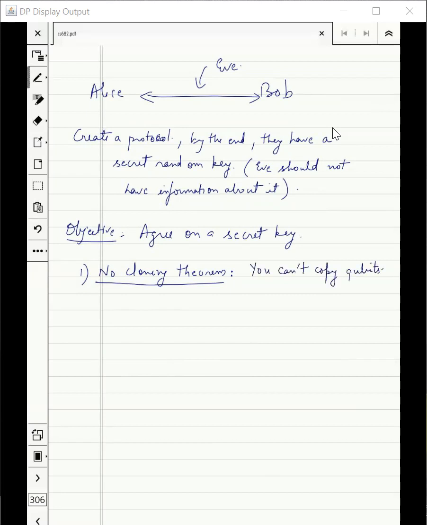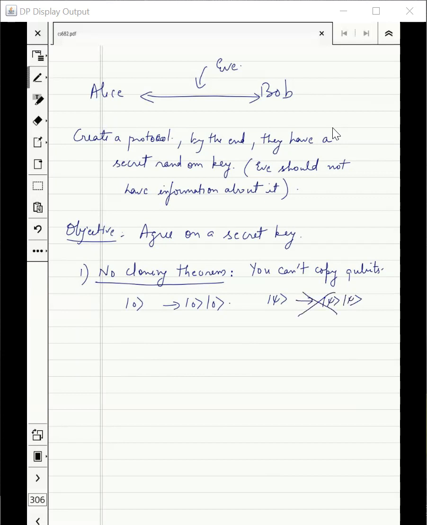I want to emphasize this: it doesn't mean that from 0 I can't create 0, 0. If I know the state 0 and I just want to create 0, 0 from 0, that can definitely be done. What it says is that if I have some state psi, whose information I don't have, it is not possible to convert it into psi, psi.